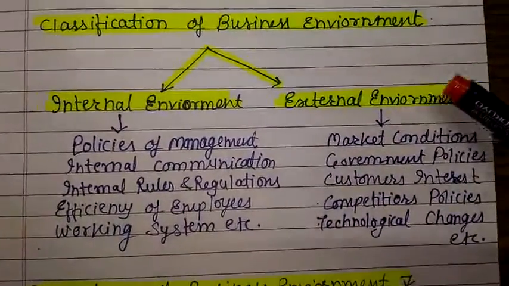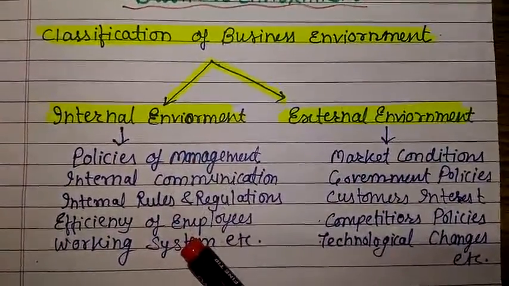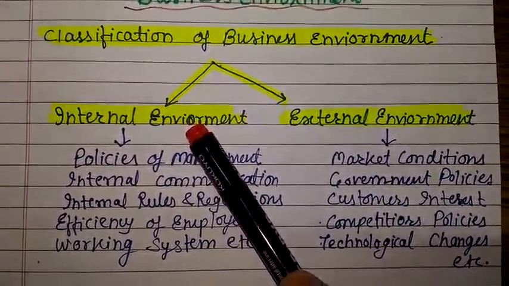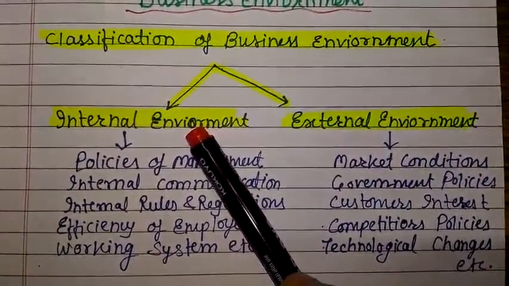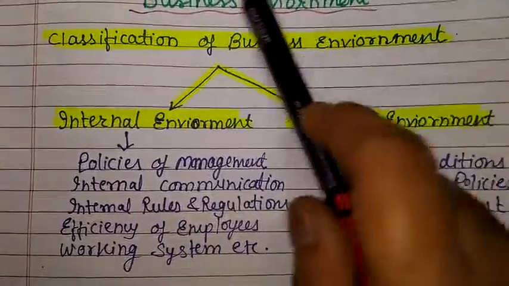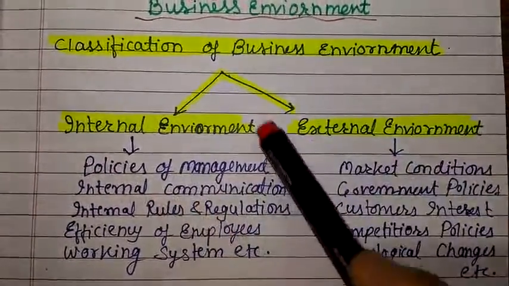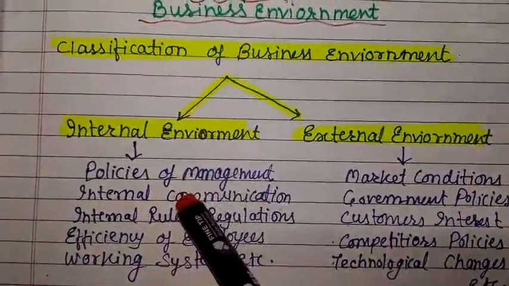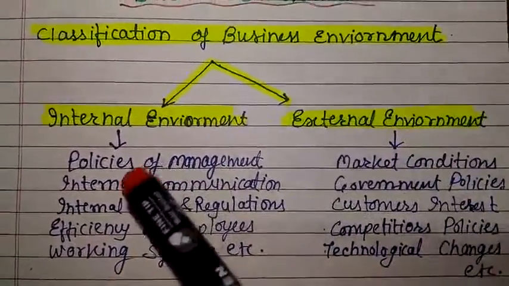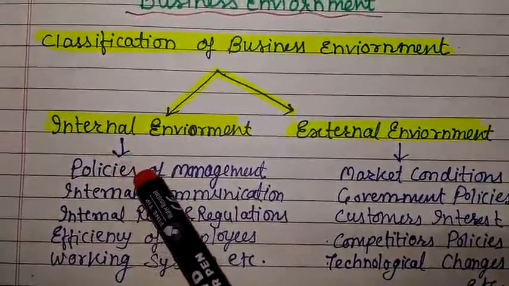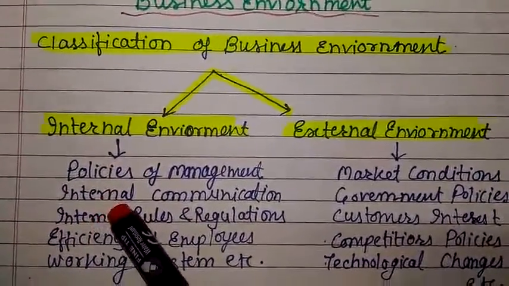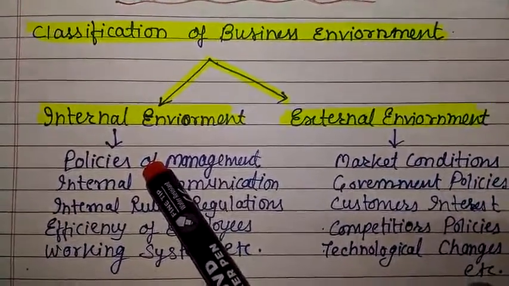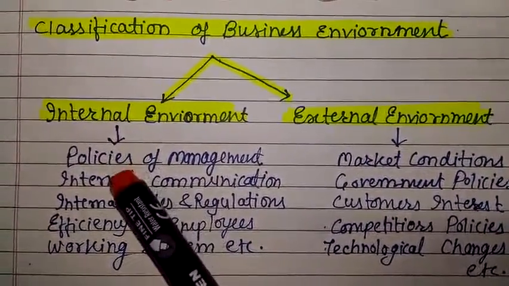Now see, what is internal environment? Internal environment is that type of environment which affects the business internally, within the boundaries of the business, and this is also within the control of the business. The business can change it, adjust it, or affect this environment itself.